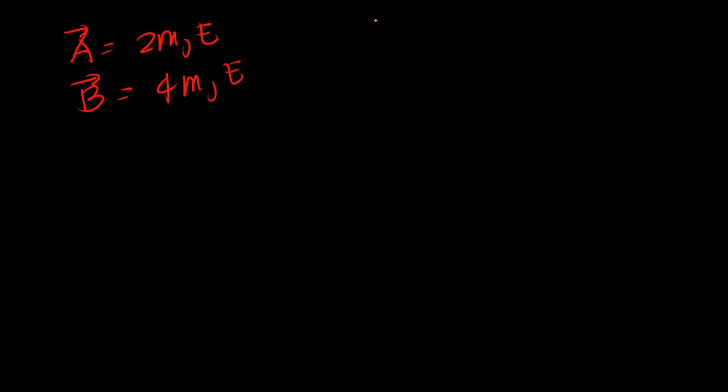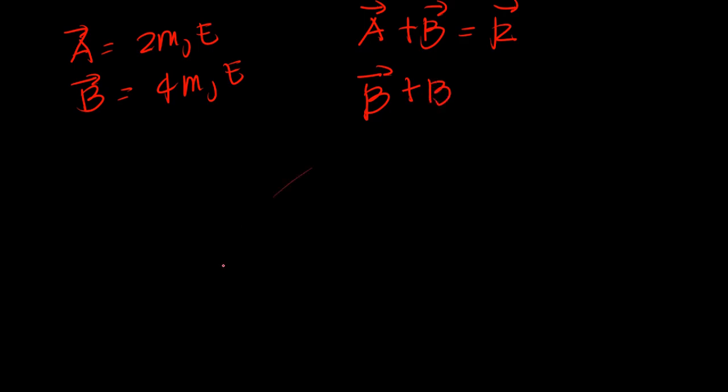Also remember this, that when adding vectors, it doesn't matter which comes first. A can come first, or B can come first. Even if we change it so that vector B is added to vector A, we will see here, I will prove to you later that it doesn't matter which comes first.